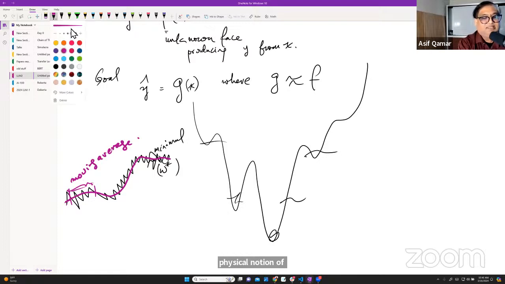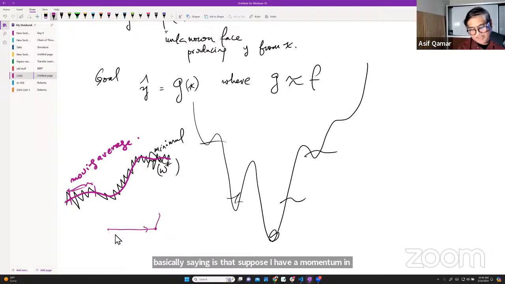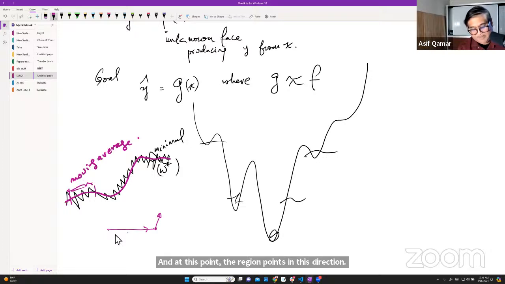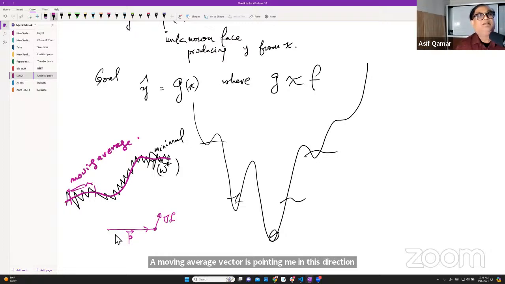What you're basically saying is that suppose I have a momentum in this direction, and at this point the gradient points in this direction. This is the momentum, the moving average vector pointing me in this direction, and here is the gradient of the loss.